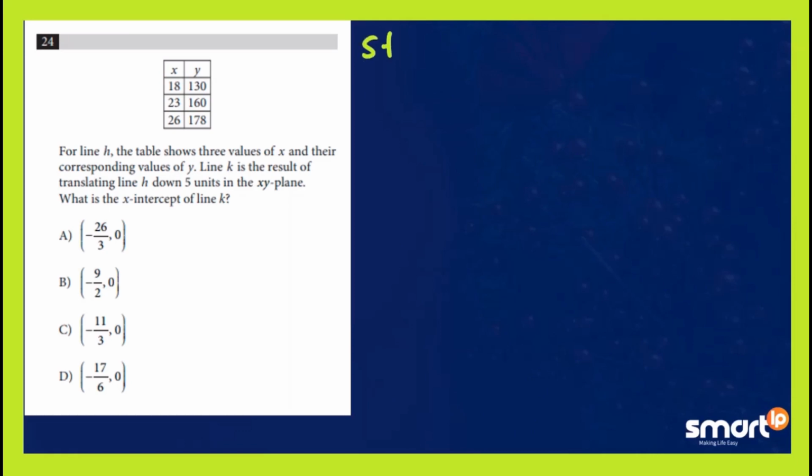Step 2, get the intercept. To get the intercept, we need to know our slope. We've already determined the slope, which is m, and that gave us 6.